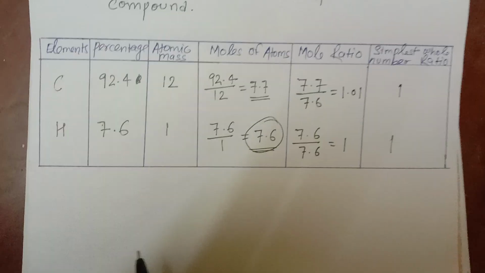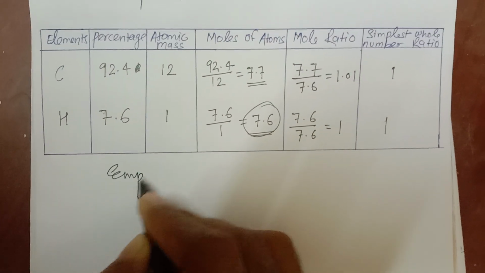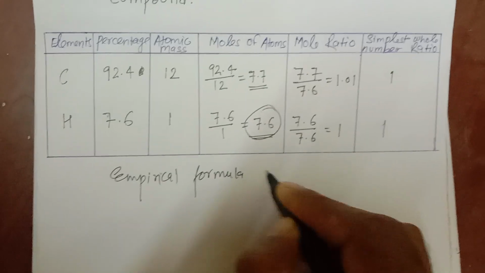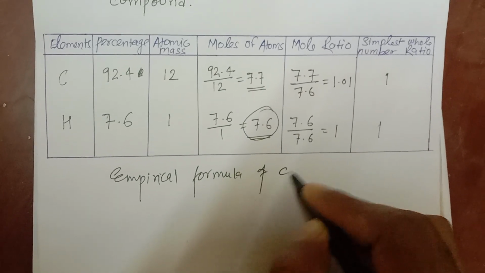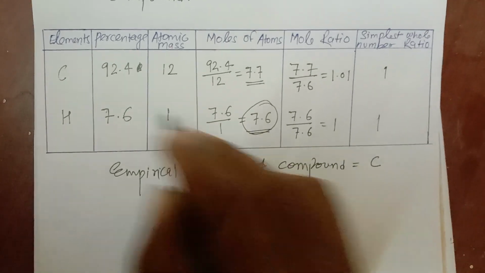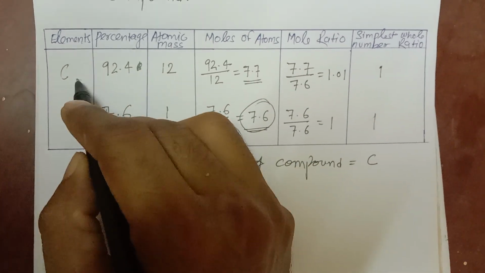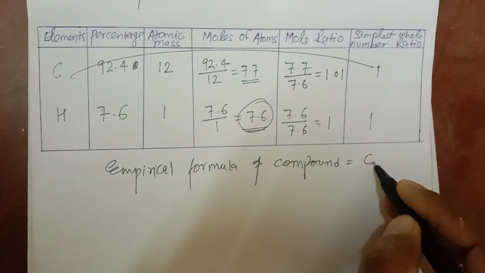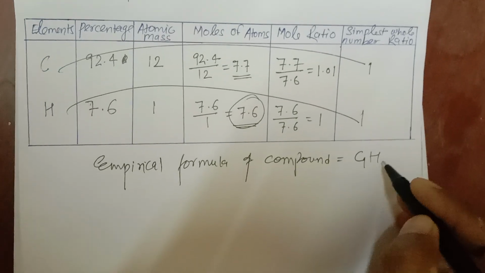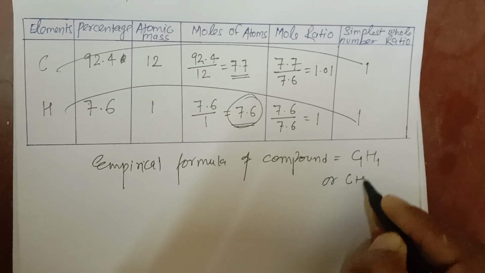So up to this point you are able to find the empirical formula of the compound. How many carbon atoms are there? C1, and how many hydrogen? H1. So C1H1, or you can write CH.